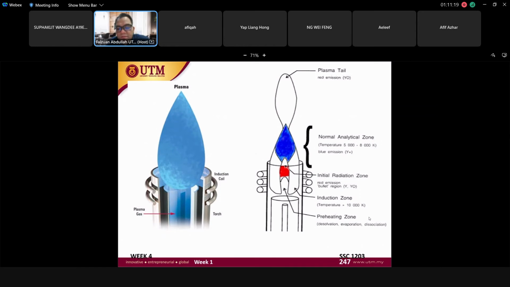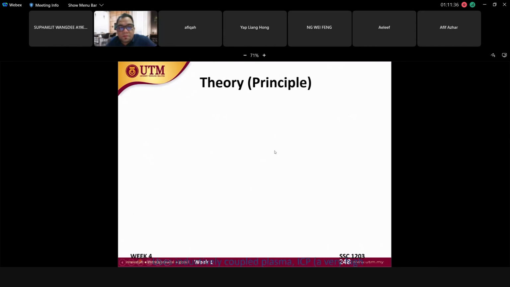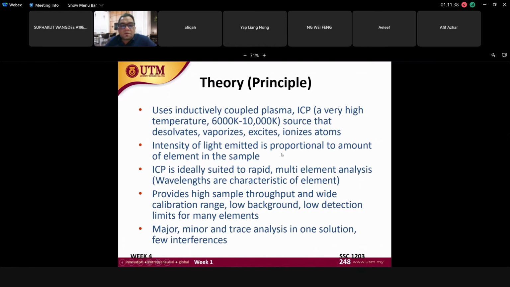This is how it is burned: the preheating zone, the induction zone, then the initial radiation zone, and this is the normal analytical zone. The blue light is the plasma. What about the temperature to produce a plasma?